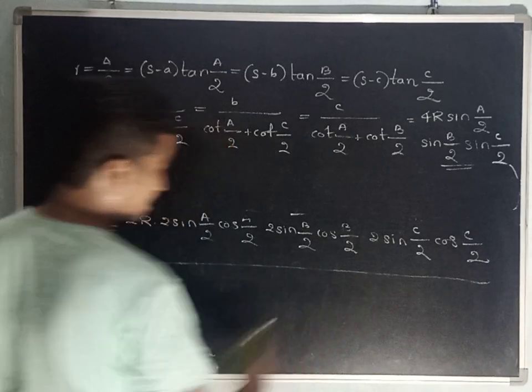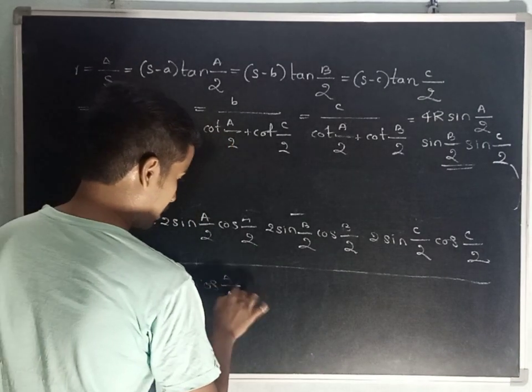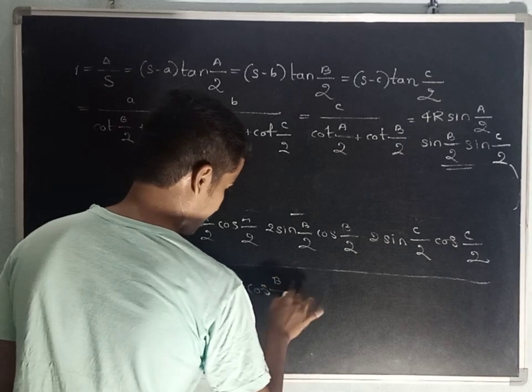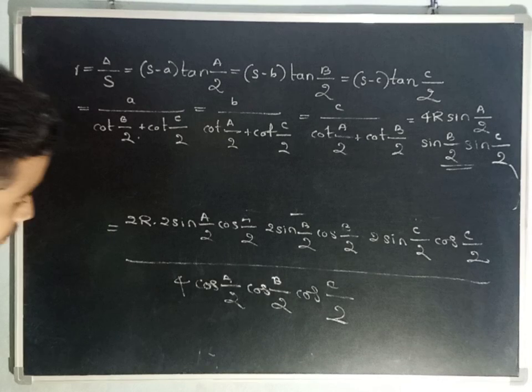Sin A plus sin B plus sin C is nothing but 4 cos A by 2 cos B by 2 into cos C by 2. Right?